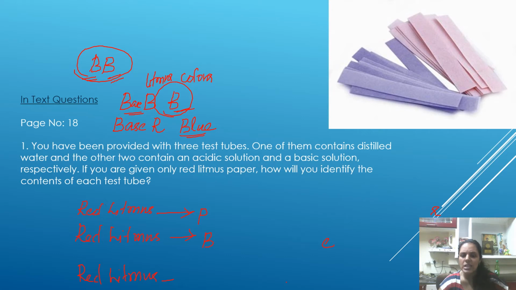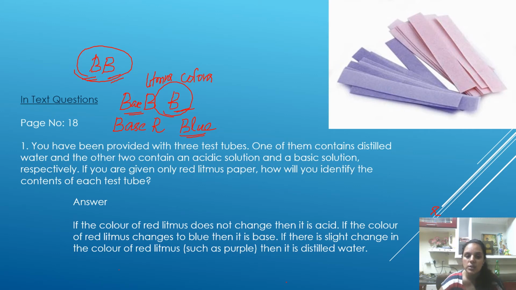So let's see the correct answer. How can we answer this question? The correct answer is, if the color of the red litmus does not change, then it is an acid. And if the color of the red litmus changes to blue, then it is a base.